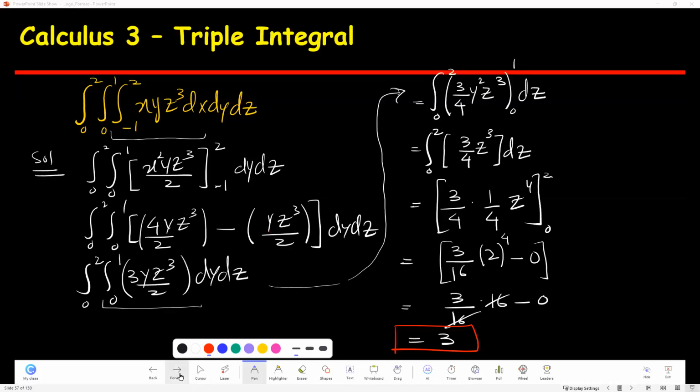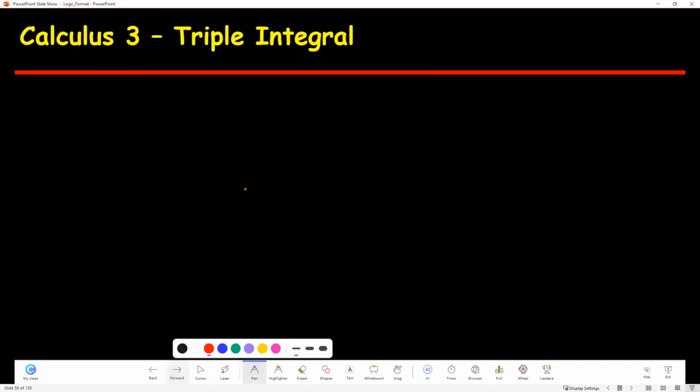Let's take some other kind of problem. In those problems, we just have to be setting up the integral, but do not need to solve.